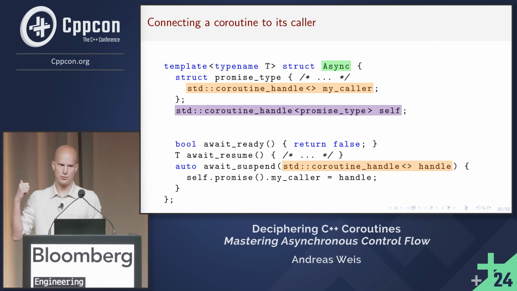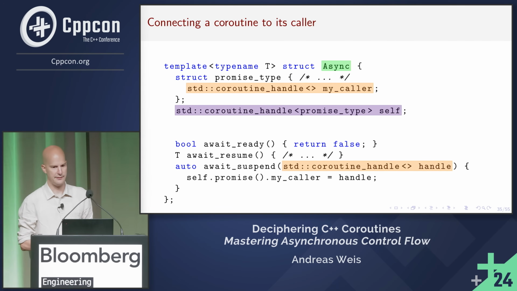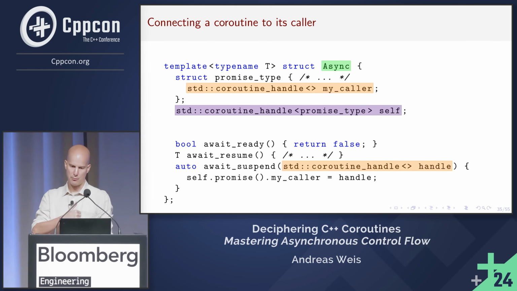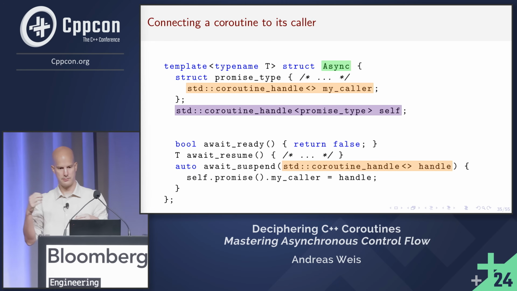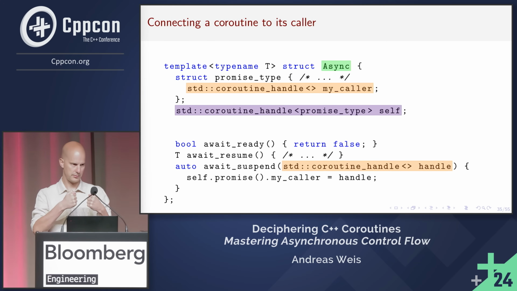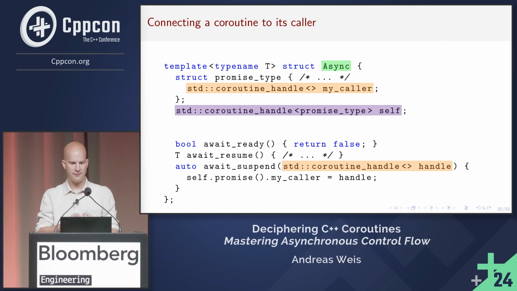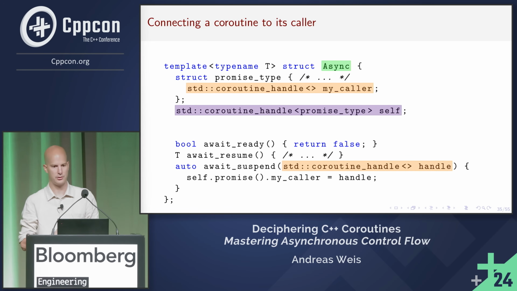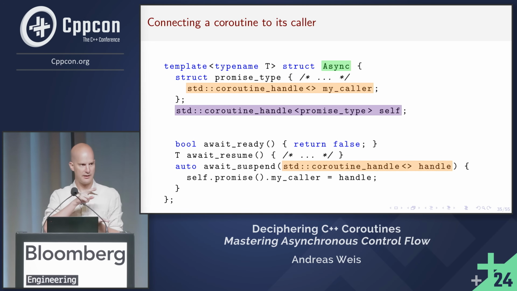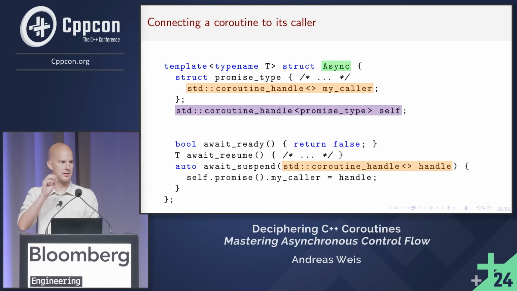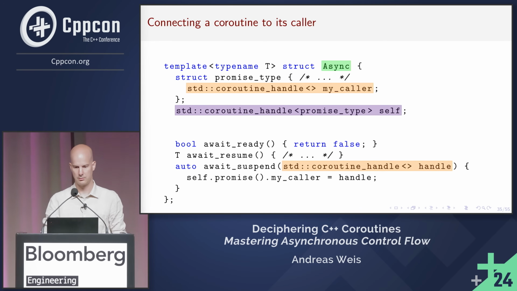So let's just store this handle also. Now, on the one hand, the return object has a handle to the function that is computing the async task that this object is referring to. But then in the promise, I have a handle to the caller that is awaiting the result that this function is supposed to compute.